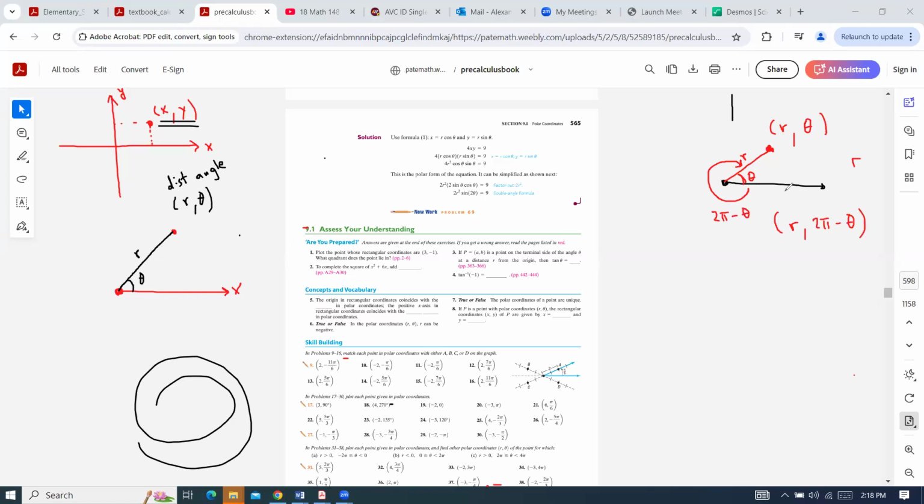We can see that the point will be the same if I start here, go by r and then rotate by theta, or rotate the opposite way. You may say, Alex, can you even rotate another time, another time, another time, or the other way around? Yes. Technically you can add the period 2 pi times k, and you're still going to have the same point.